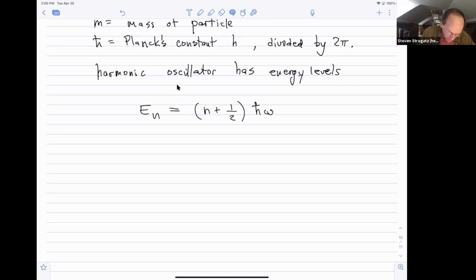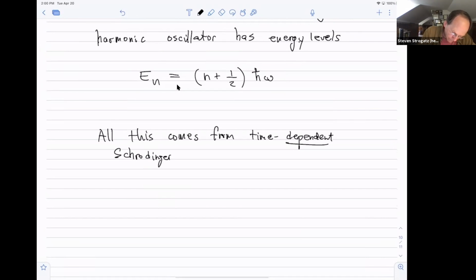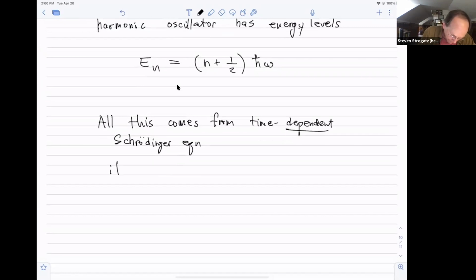Just as further reminders, all of this gets derived in quantum theory by starting with the time-dependent Schrodinger equation, which looks like this: i h bar d capital psi dt is a Hamiltonian operator times psi.